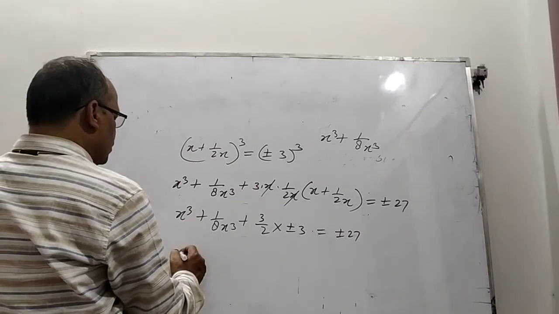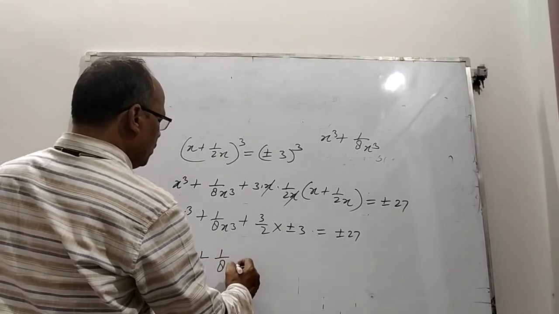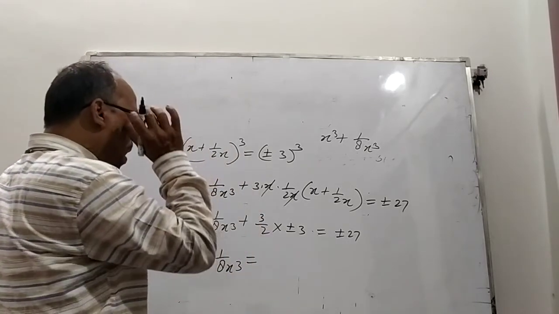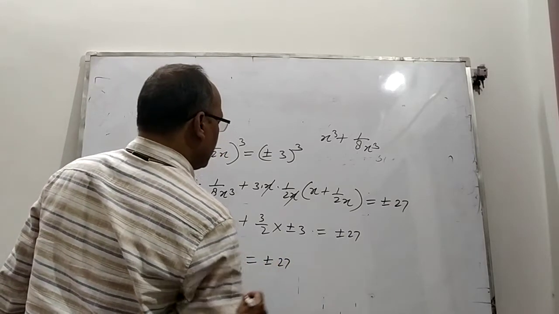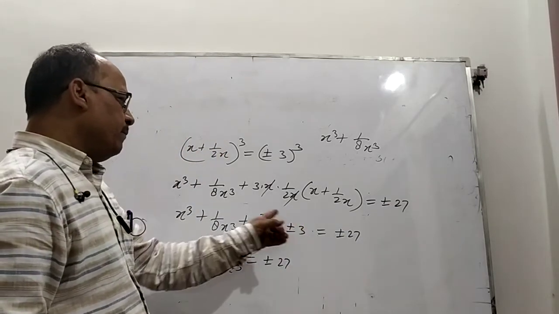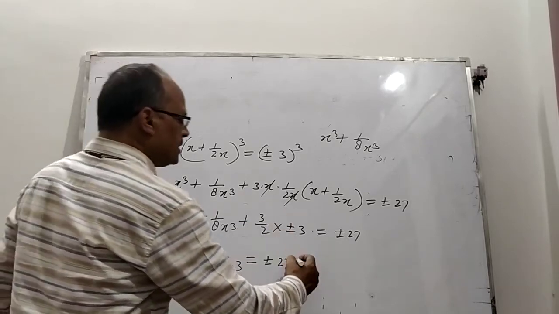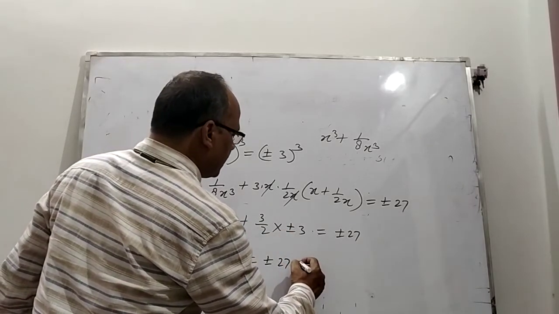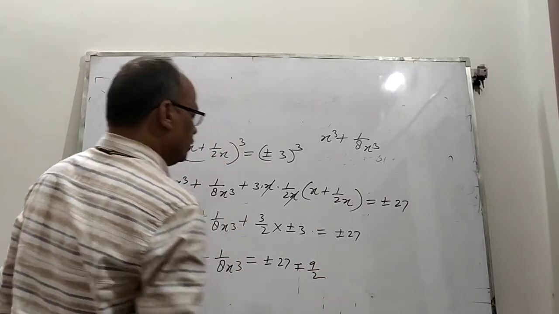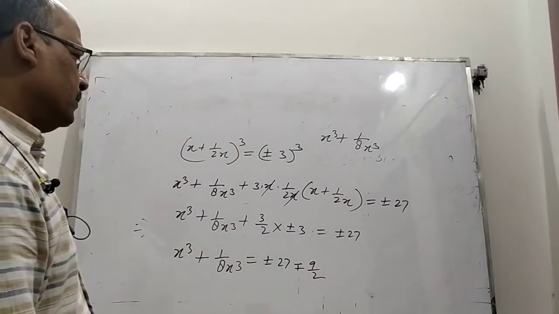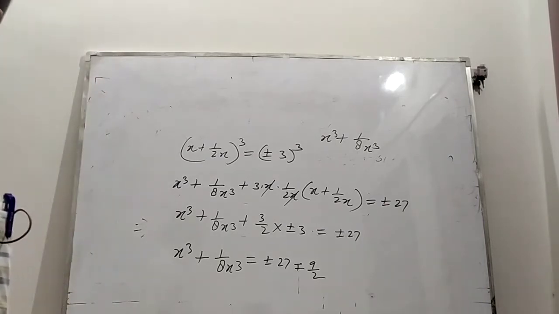So x cube plus 1 upon 8x cube equal to plus minus 27, or this will be 9 by 2 (you can write minus plus, it does not matter). Clear?